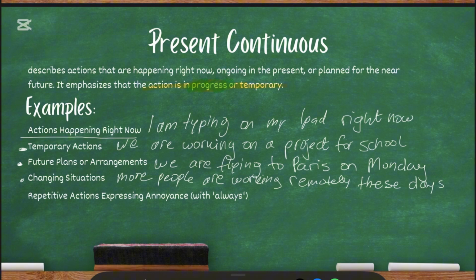Okay, and the last situation where we could use present continuous is repetitive actions that are expressing annoyance. To describe actions that happen repeatedly and may be annoying or surprising. In this case, we often use the word always.